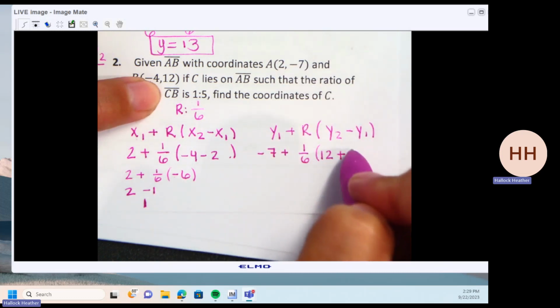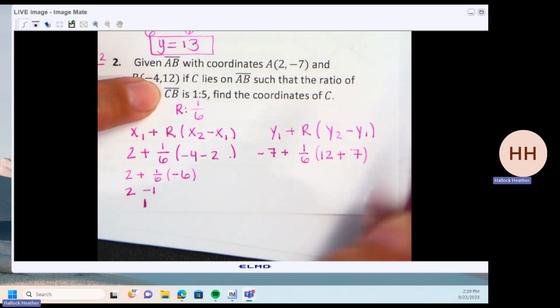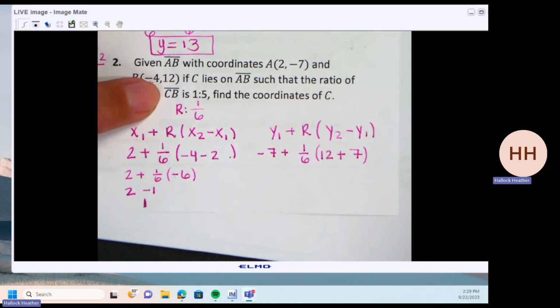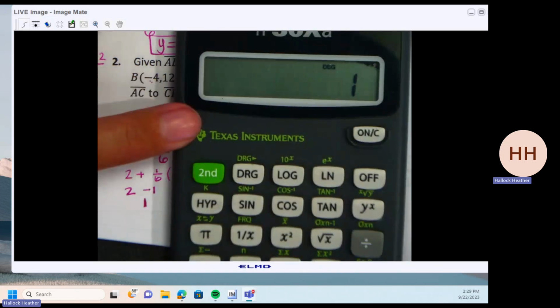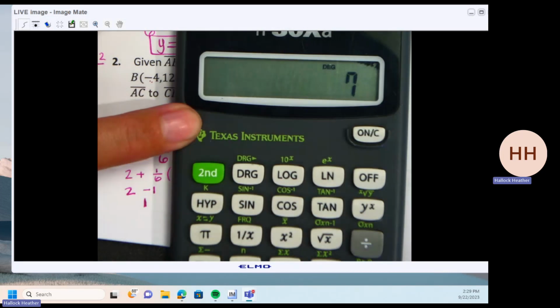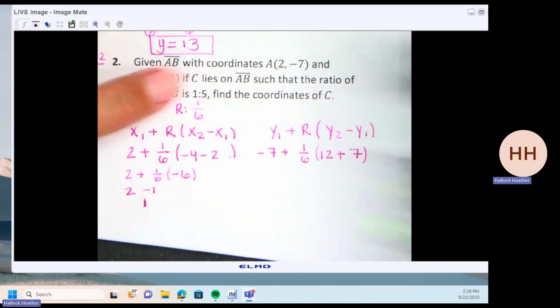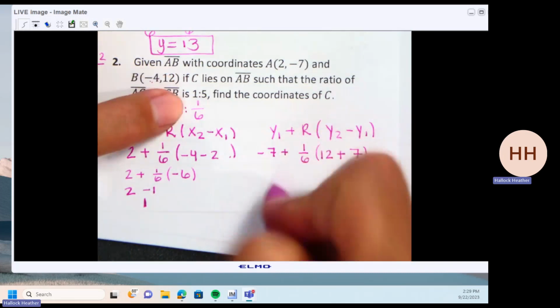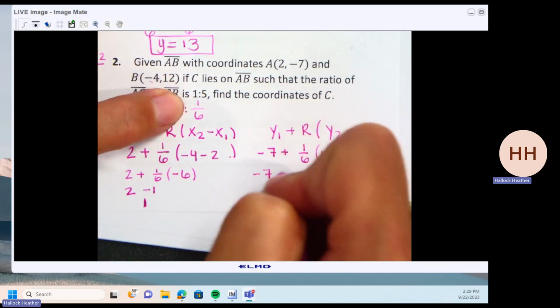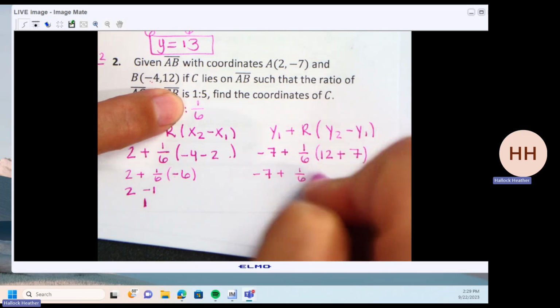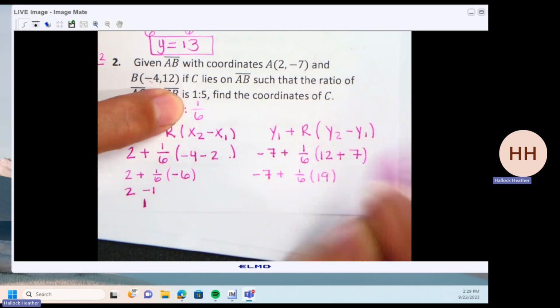So I'm really adding, because if you're subtracting a negative, it's really adding. If you put a double negative in there, they know that they're adding it. So 12 plus 7 is 19. So I have -7 plus 1/6 times 19.